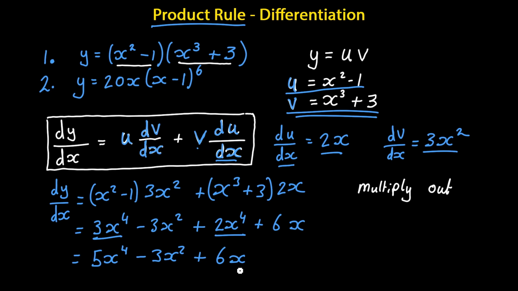And to simplify this further, we can factor out an x term. We can factor out a power of x. So we put x outside of the brackets here, and we multiply it by 5x cubed minus 3x plus 6. And that's our derivative for the first equation.